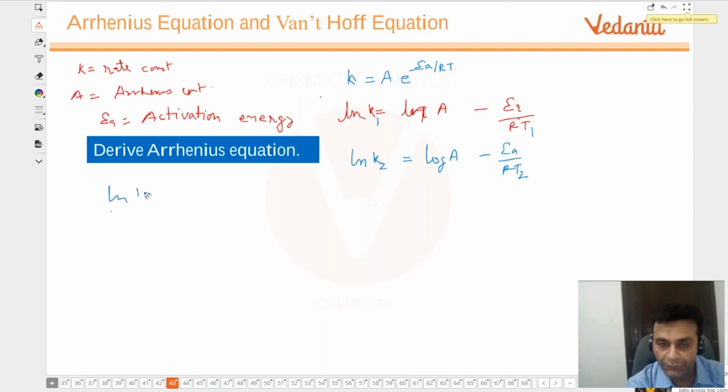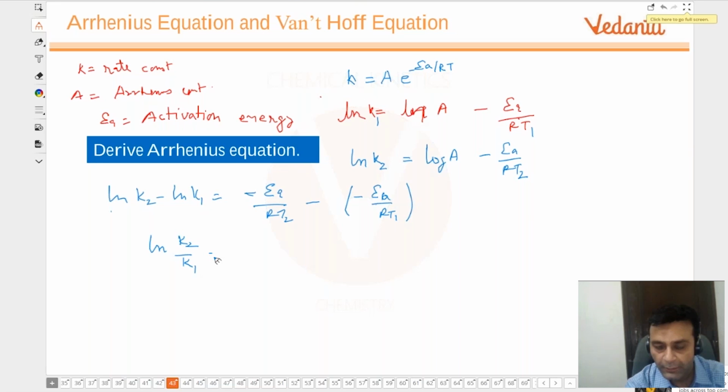So natural log of K2 minus natural log of K1 is equal to minus EA upon RT2 minus EA upon RT1. So natural log of K2 upon K1 is equal to EA upon R times 1 upon T1 minus 1 upon T2.